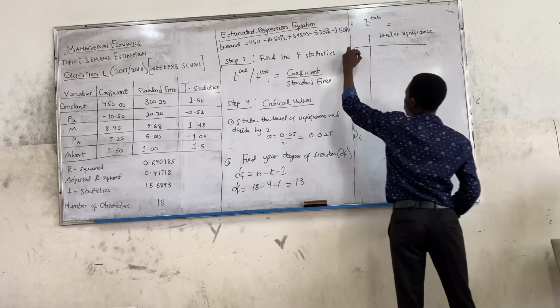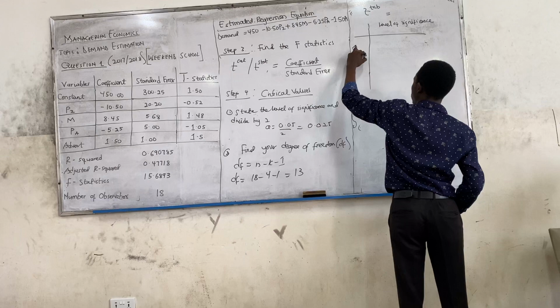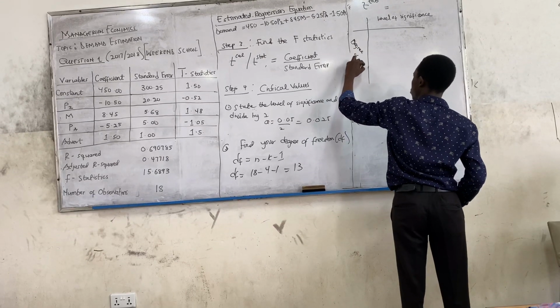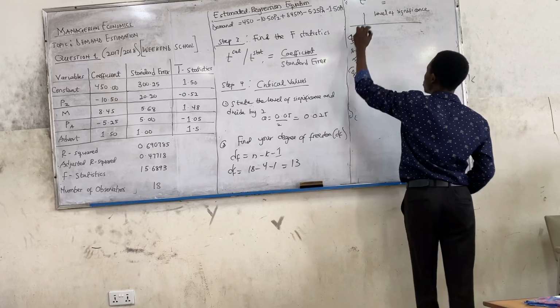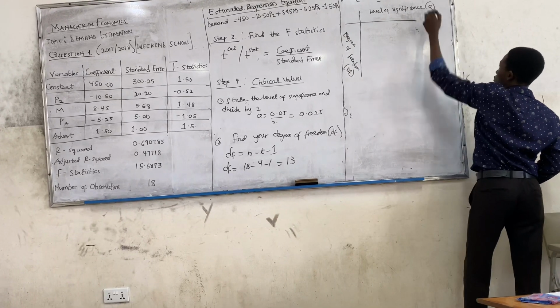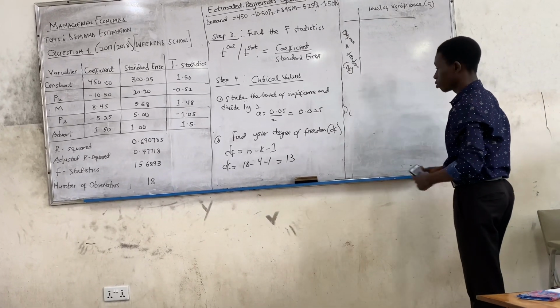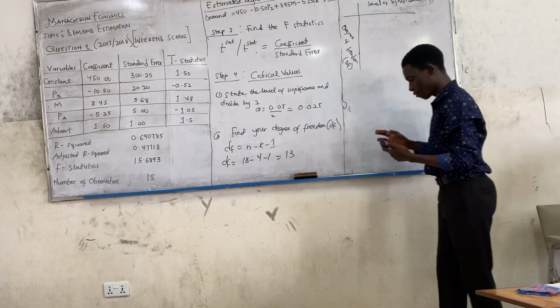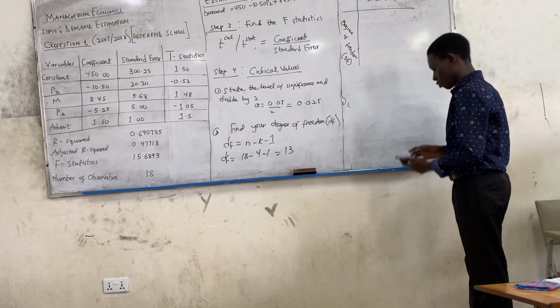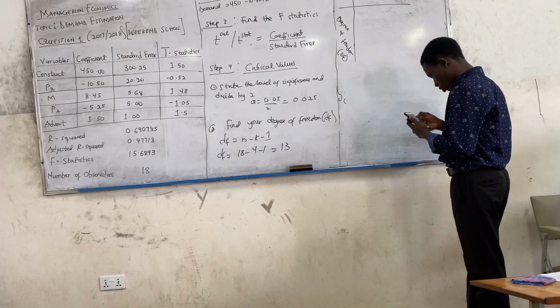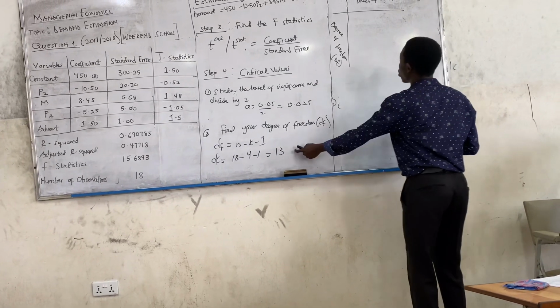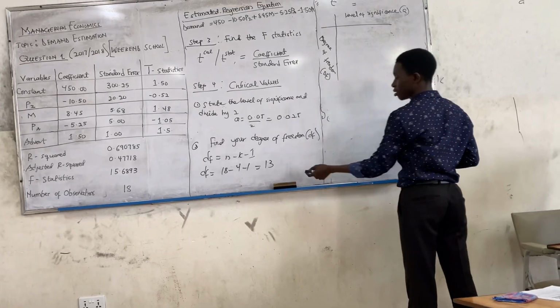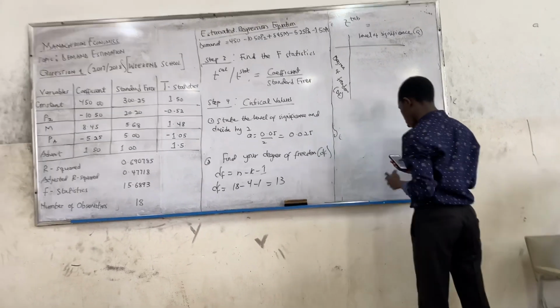So df, this side is alpha. So now 0.025 on the horizontal axis, and the degree of freedom 13 on the vertical axis.